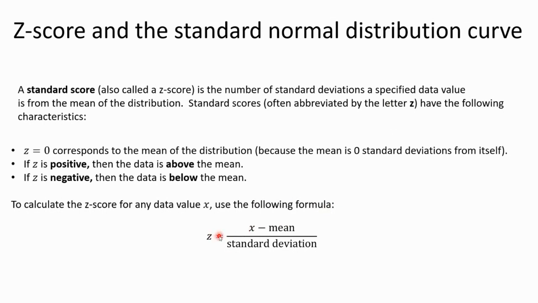Then they'll analyze the z-score. They'll see what number it is, which tells you how far away from the mean that data value is, how many standard deviations away it is. And there's other stuff we'll see later on that the z-score can tell us.